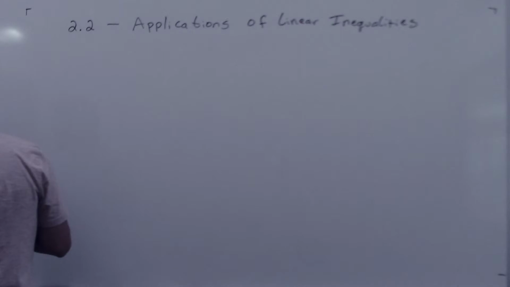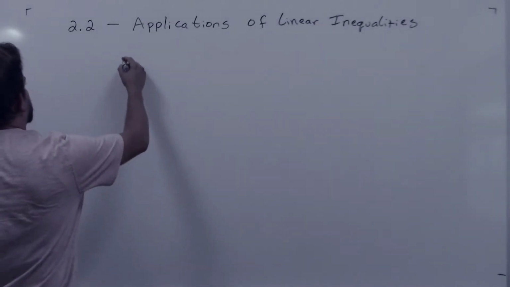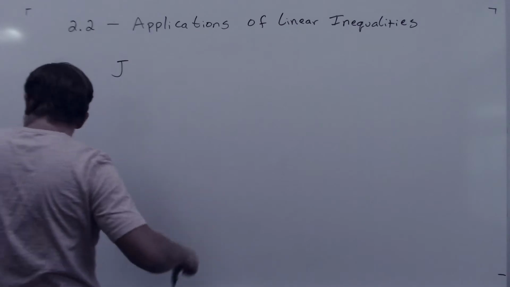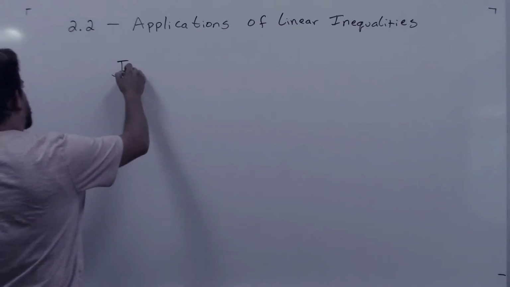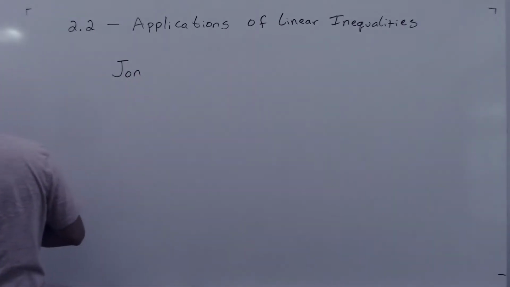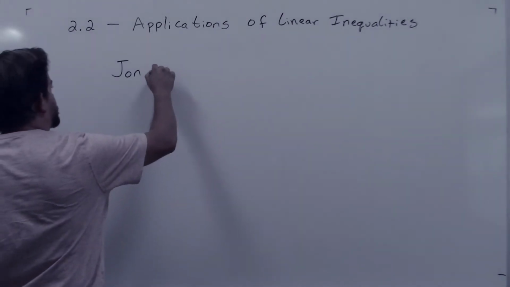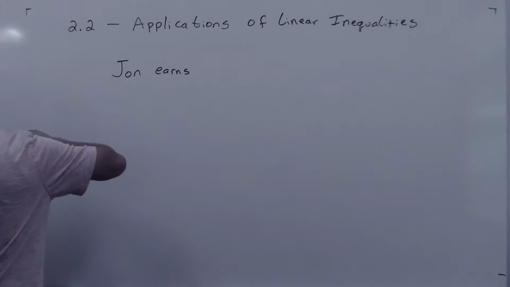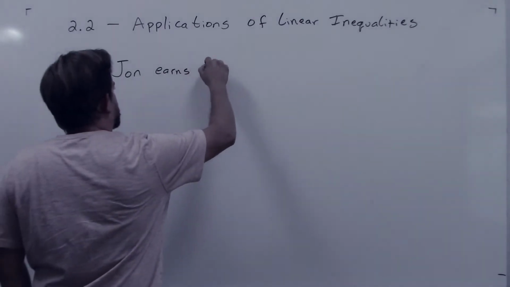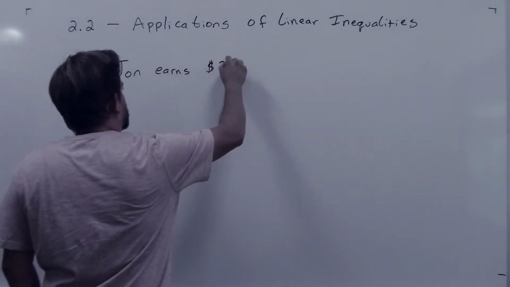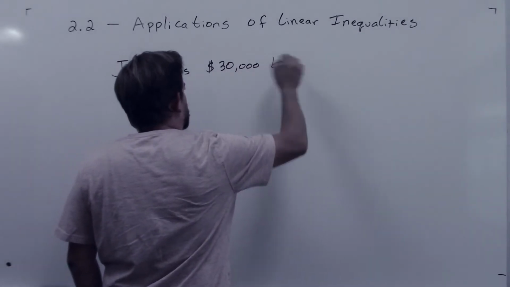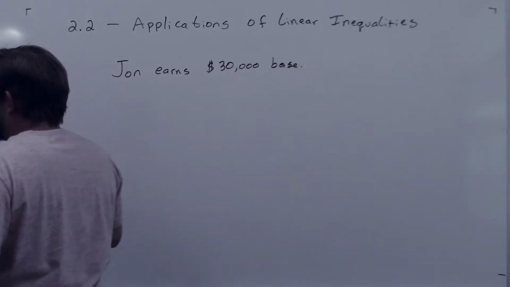All right, so first I'll do the first example from below. It says John is a salesman and he earns a base salary of $30,000. And he also gets a 5% commission.